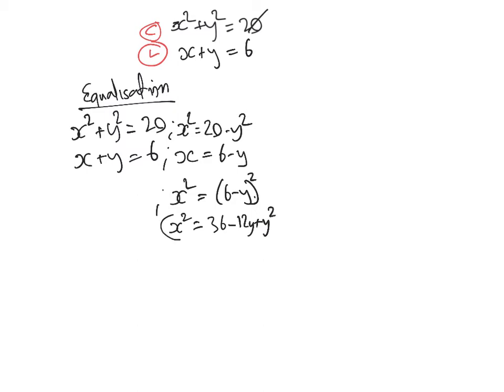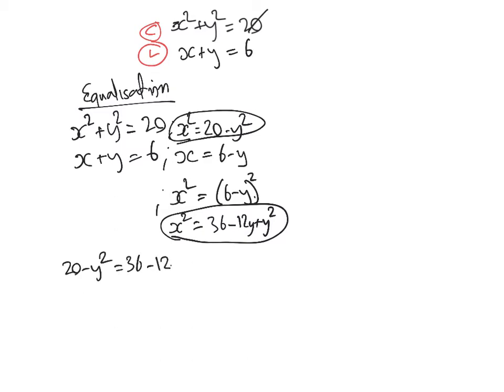Okay, so now we have two equations where the left-hand side is the same. So now we can equalize. So now 20 minus y squared equals 36 minus 12y plus y squared. Okay, now this one is really, really easy, as you can see, because it's a quadratic.